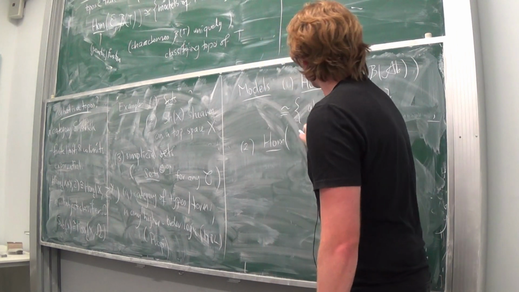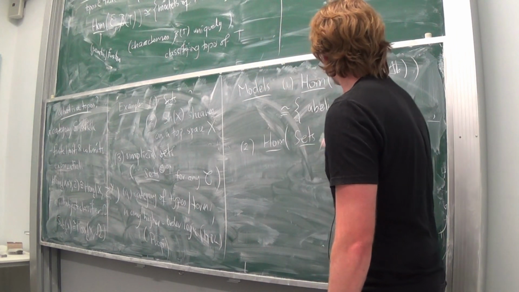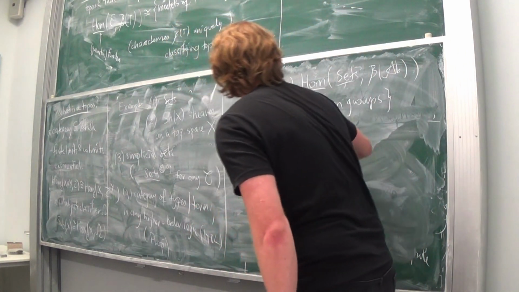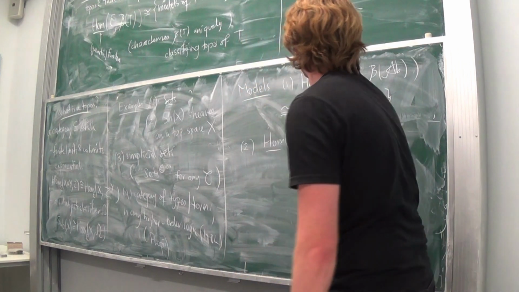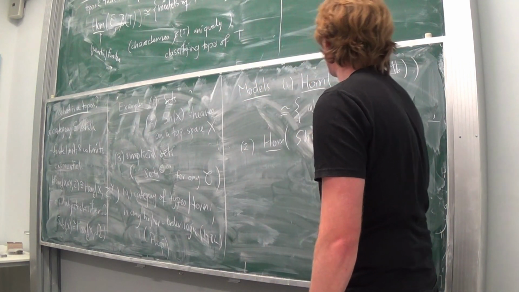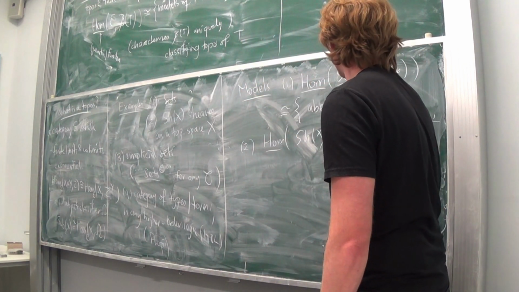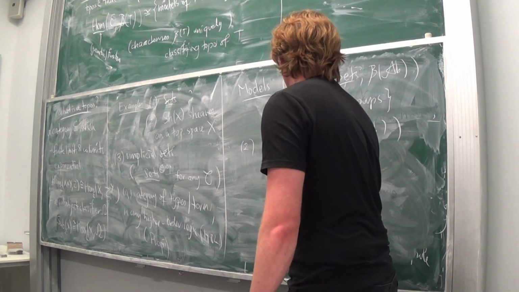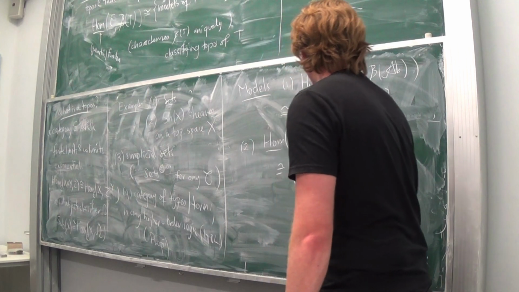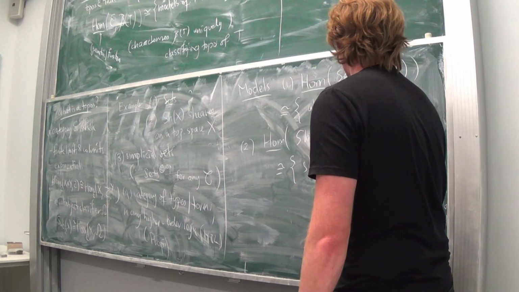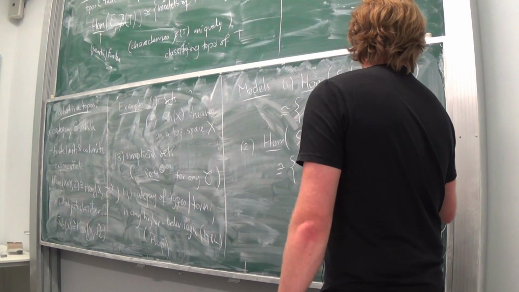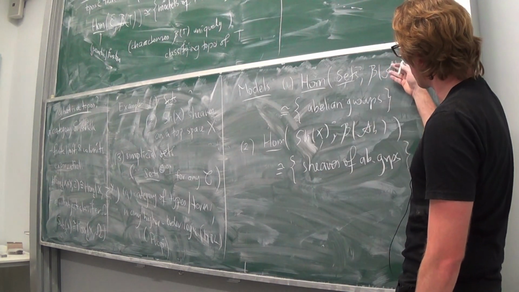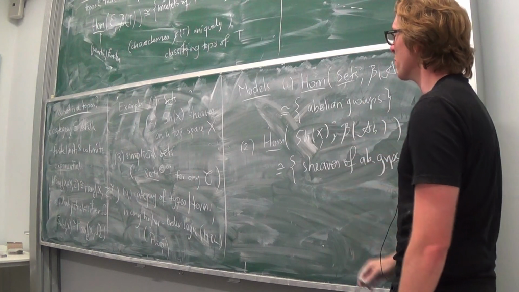If I take models of the theory of abelian groups in the topos of sheaves of sets on a topological space X, this will give me sheaves of abelian groups. And if I replace the theory of abelian groups by the theory of rings, then I get sheaves of rings.